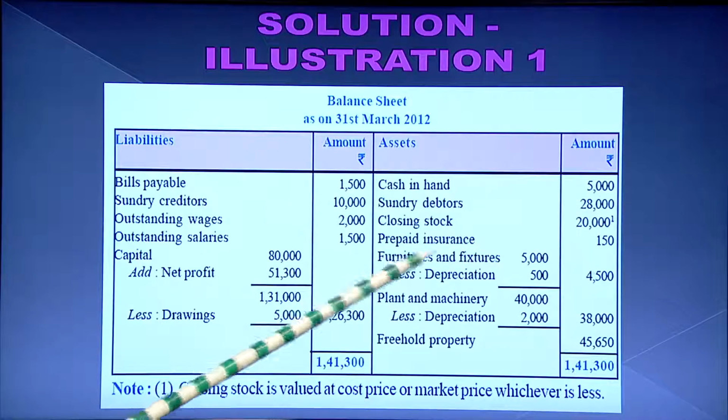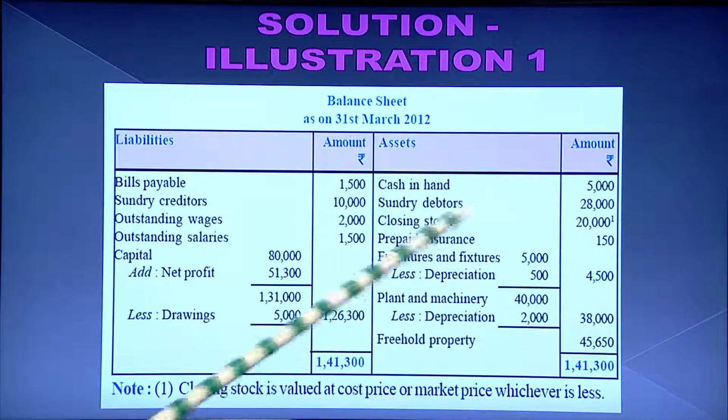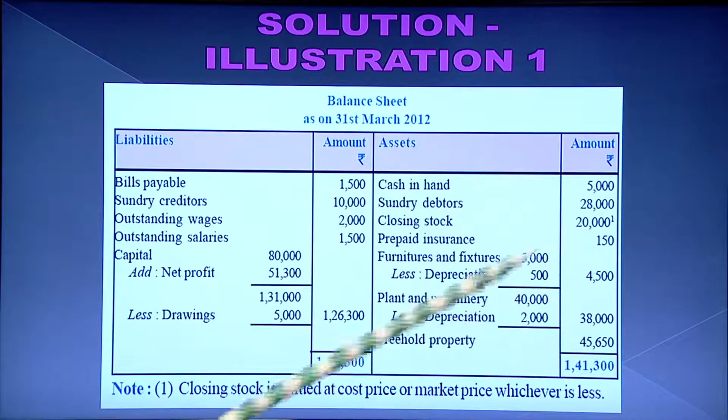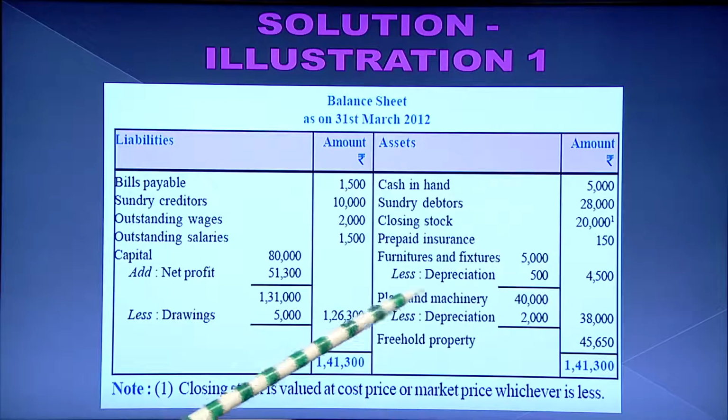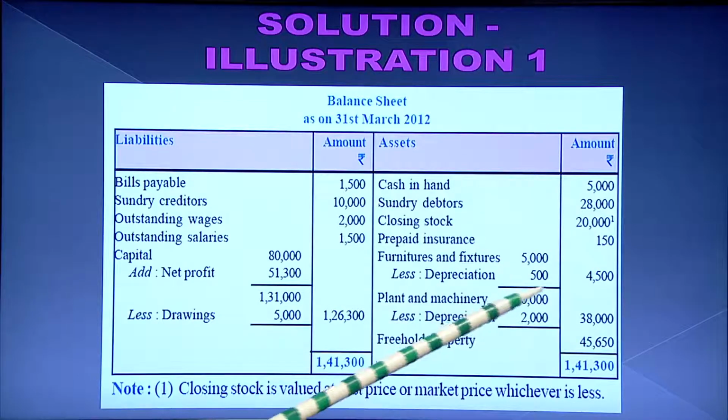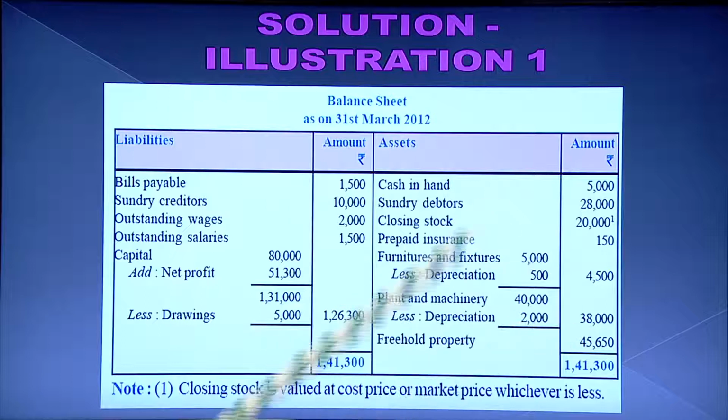Next is furniture and fixtures, this is our asset 5,000, and the value of depreciation is rupees 500. So, net amount is 4,500. Next is plant and machinery, that is 40,000, less depreciation rupees 2,000, value is 38,000. Last is freehold property, that is 45,650, total is 1,41,300.